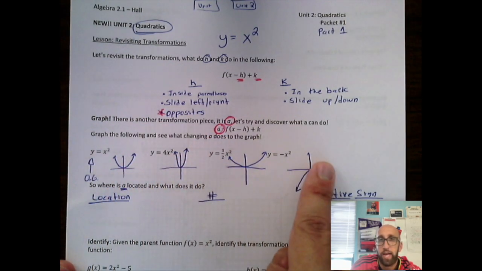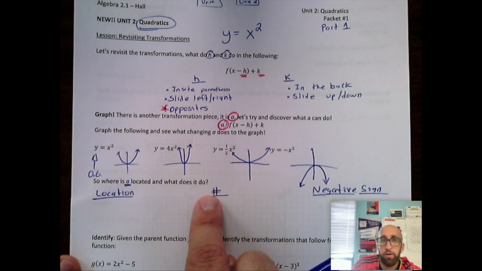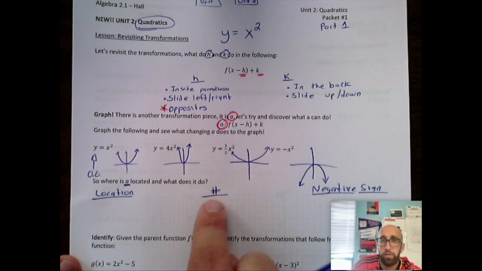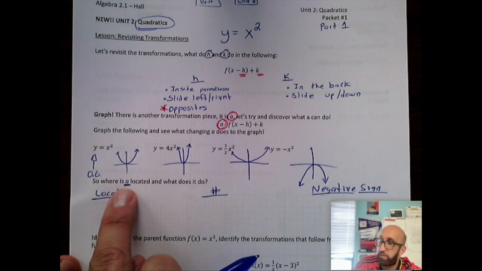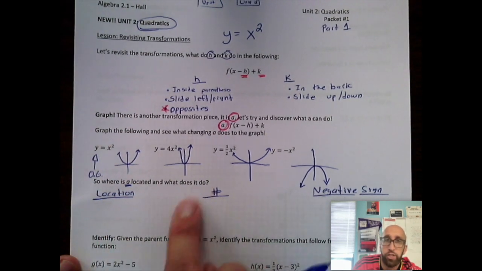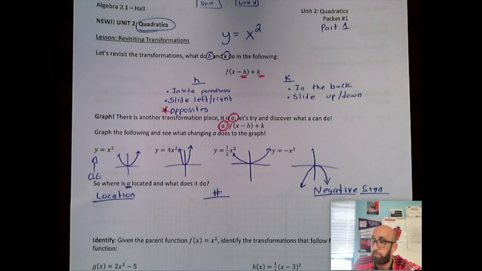And see if I could find A here. The number just does something, and a negative sign does something else. So we have to pay attention for A. We can think about its location, what do the numbers do, and what do the negative signs do. Those are things I would be thinking about if you want to discover this on your own.